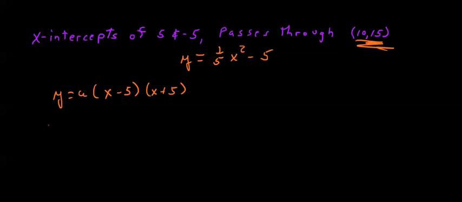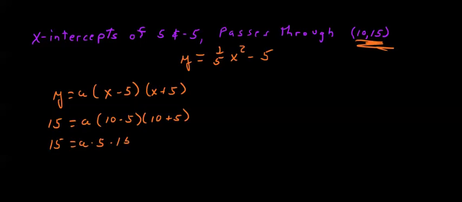Substitute here, and I have 15 equals a times 10 minus 5, 10 plus 5, or 15 equals a times 5 times 15. Because I have 15 on both sides, I'm not going to multiply these together. I'm just going to divide by 5 and 15. 15's cancel, and I have a 1 up here. And I get a is equal to 1/5.